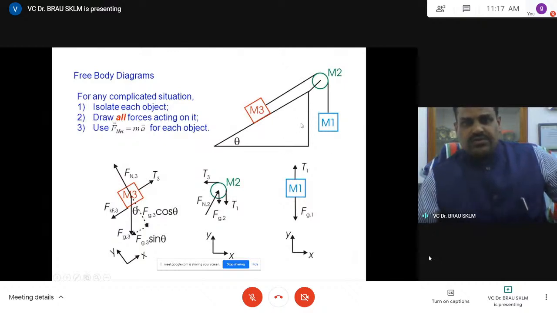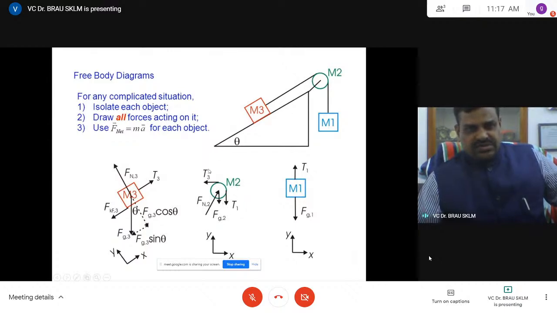Now what we have to do is draw a free body diagram, removing all surroundings and constraints. M3 is resting on the inclined plane, M2, the weight of the pulley, is given, and it is a fixed pulley. In the pulley, because this is the support, there is a normal reaction. The gravity force is M2 g.